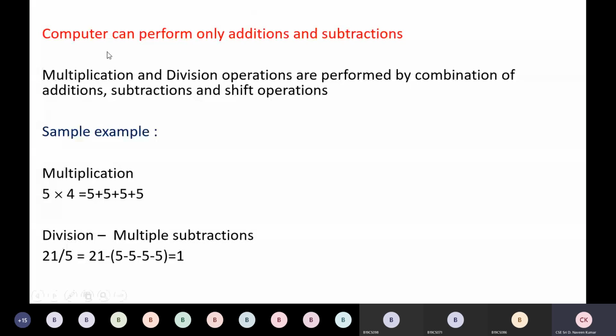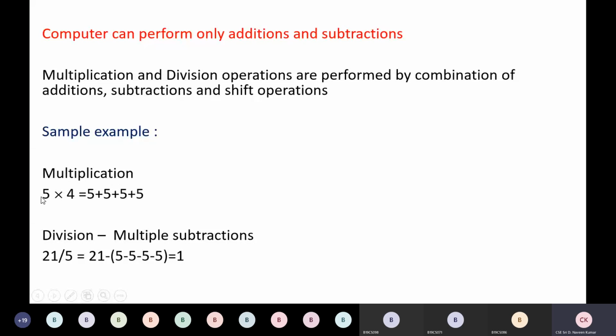Computers can basically do only additions and subtractions, but they can perform multiplication and division with the help of combinations of additions, subtractions, and shift operations. So using these three operations, addition, subtraction, shift operations, computer can perform multiplication and division. So a sample is given.